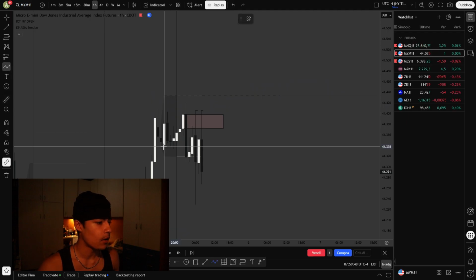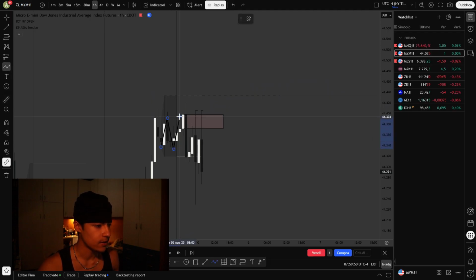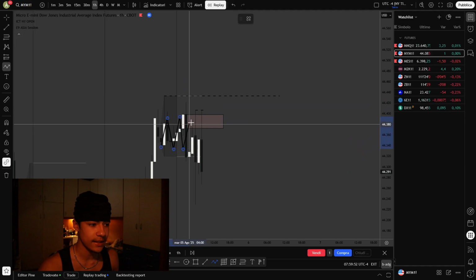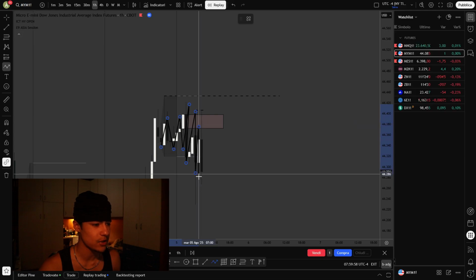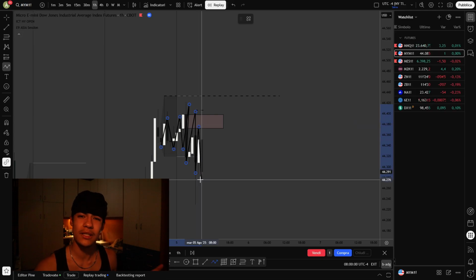So I wasn't even considering these fair value gaps. In the Asia session we consolidate, in the London session we stayed in the range, but we broke to the downside, and we did some type of consolidation also here. So this was also a tricky one, I can't lie.